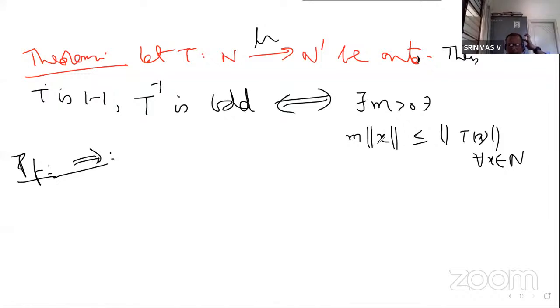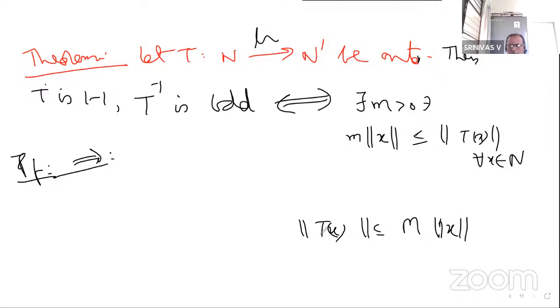You may recall what we mean by boundedness. What is meant by the boundedness of T? Norm Tx is less than or equal to M times norm x. By T is bounded, we mean this. But here, this is a lower bound on norm Tx.